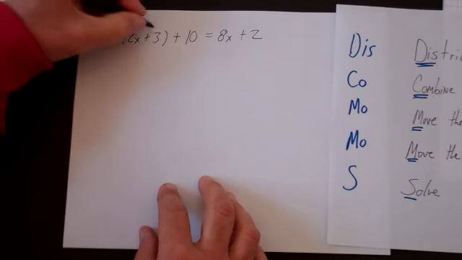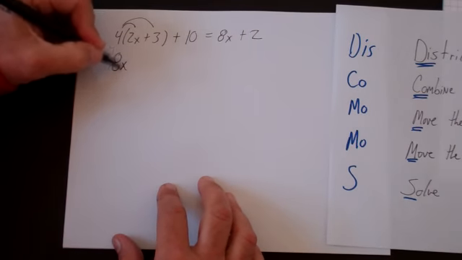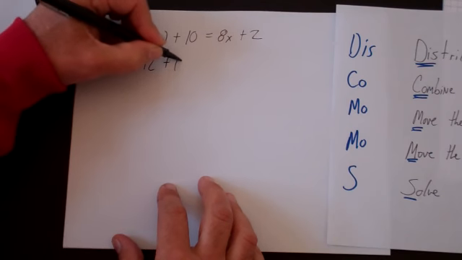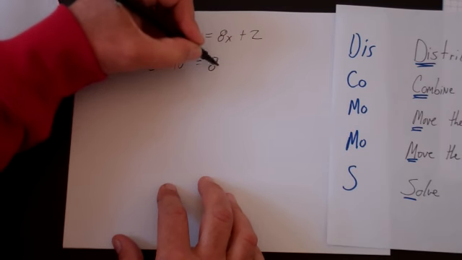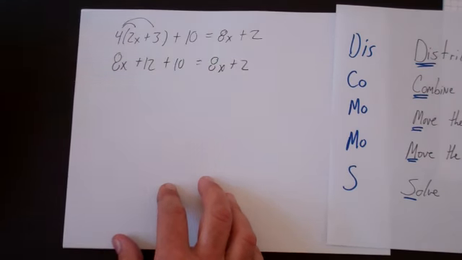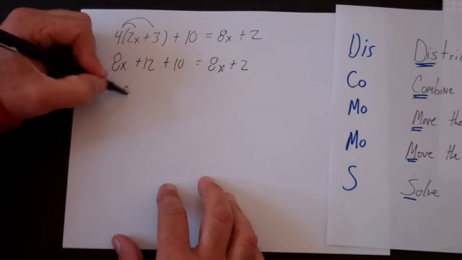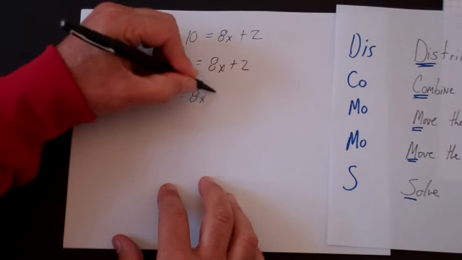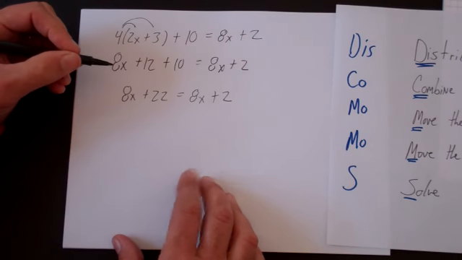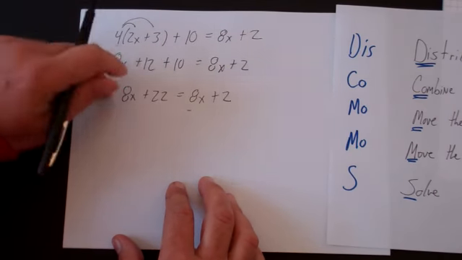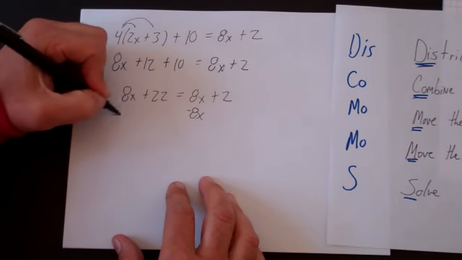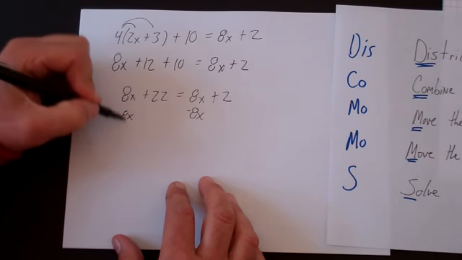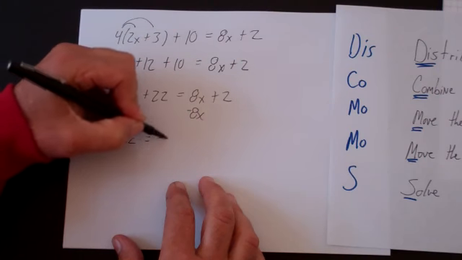So you can distribute this across, and you get 8x plus 12 plus 10, 8x plus 2. So that's 8x plus 22 is equal to 8x plus 2. Now move the x's to one side, so I'm going to subtract 8x and subtract 8x. And I get 22 is equal to 2.